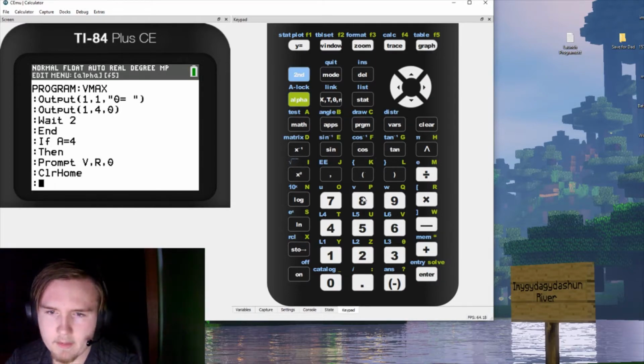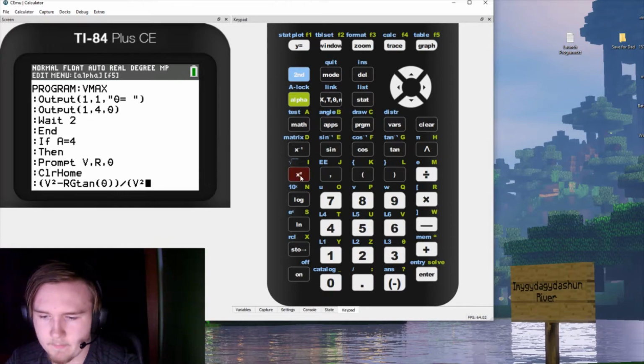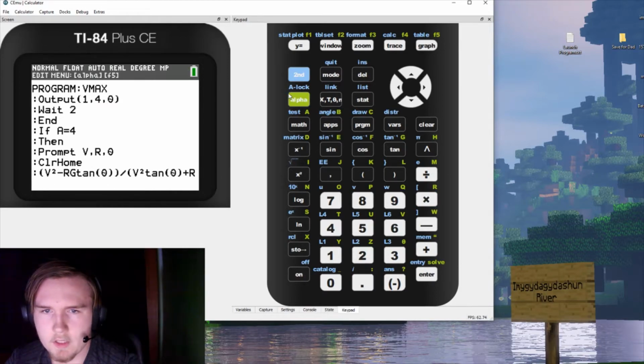And onto this math, that's parenthesis V squared minus RG tangent of theta, close 2 parentheses, divide that by an open parenthesis V squared tangents of theta, close that parenthesis, plus RG, store that to M. So again, I'm going to repeat that one because it was a bit loose.